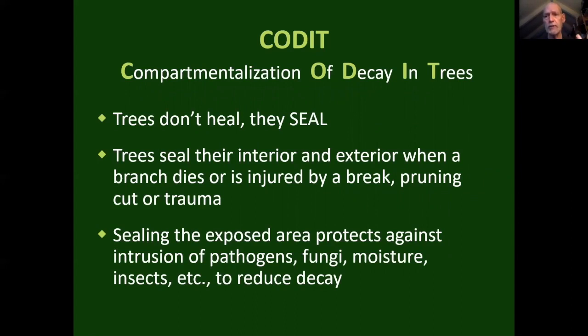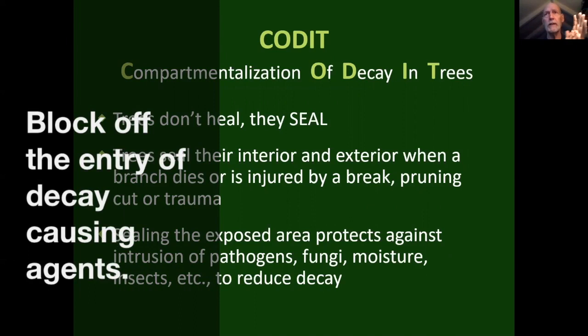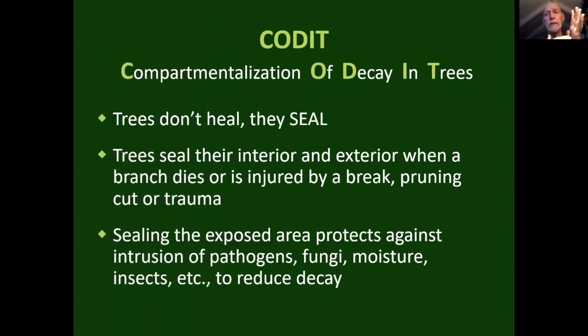They issue chemicals inside the tree to try to seal it off. And on the outside of the tree, they create a physical barrier to the entry of the kinds of things that can cause decay. So they're trying to seal off the injury area to keep pathogens, fungi, moisture, insects, anything that can either cause decay or facilitate decay from getting into the tree.